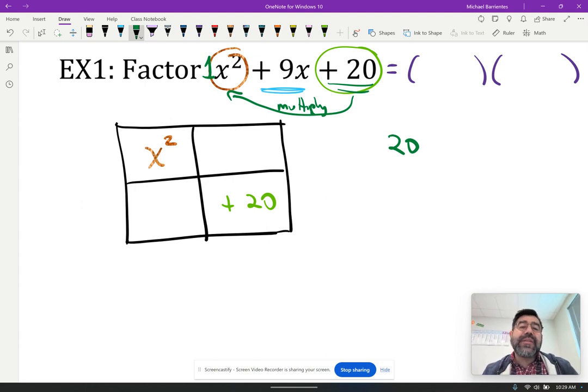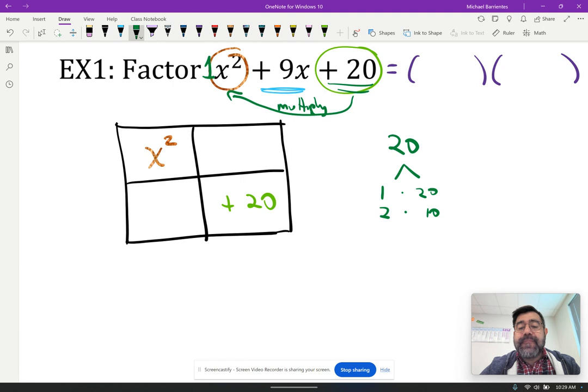And so just like I talked about factors being numbers that multiply to give me some value, I want to know, what are the factors of 20? What are two numbers that when I multiply give me 20? Well, it could be 1 times 20. It could be 2 times 10. 3 times something? I don't think so. 4 times 5, it could be. And then after that, if I write down 5 times 4, well, that's the same pair, so I don't want to write it again.